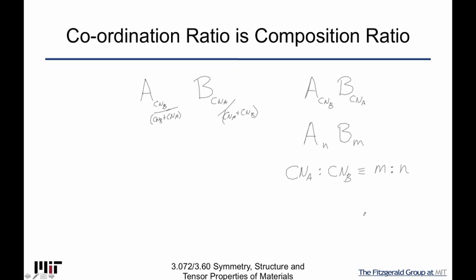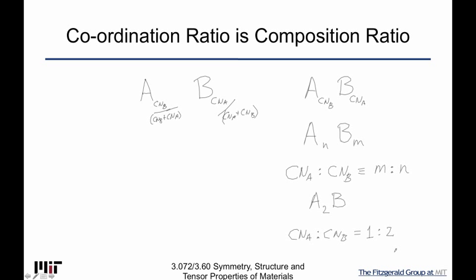So a quick little example is if I have A to B, right? It means that C and A to C and B equals 1 to 2.